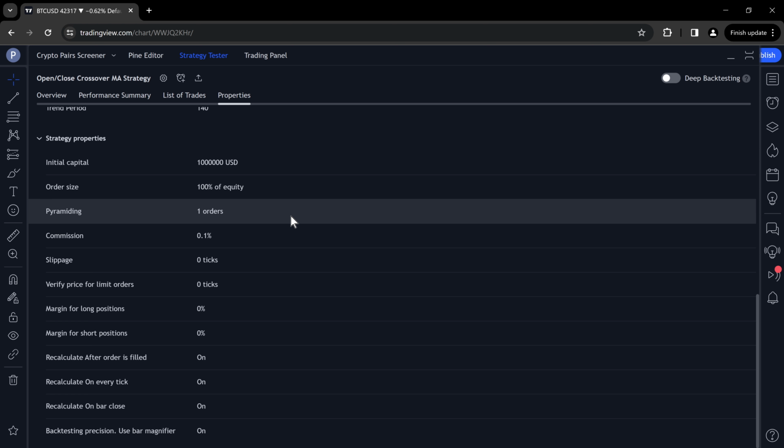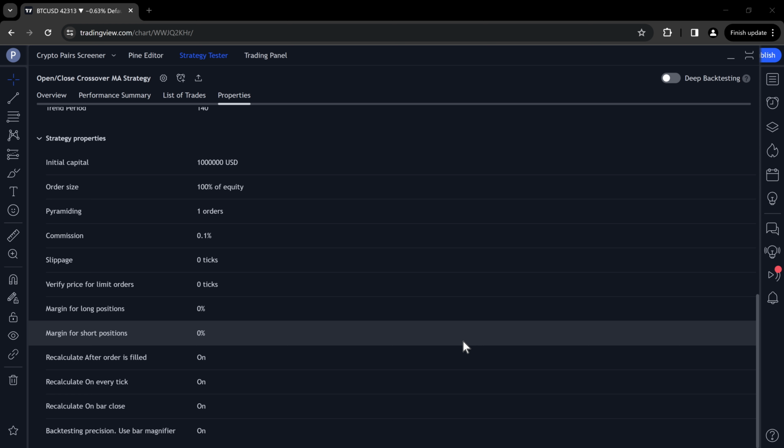Additionally, this section highlights the modifications made to the strategy calculation behavior. Overall, this property list contains all important strategy and backtest related settings that can be viewed and checked during strategy testing.